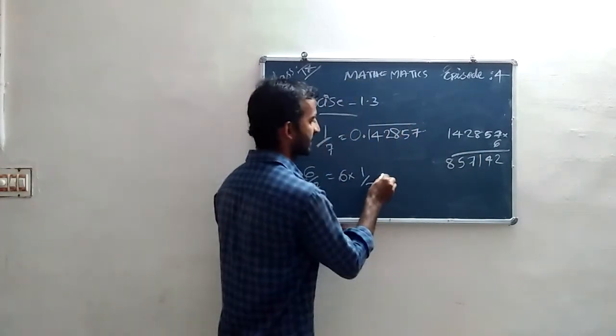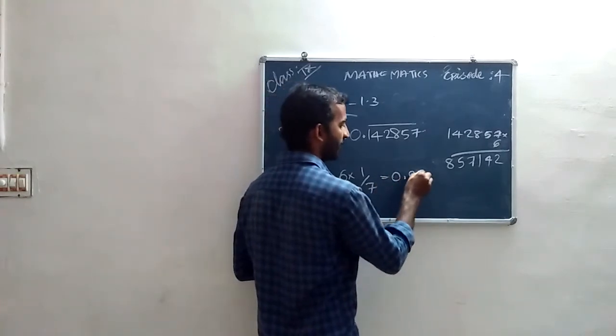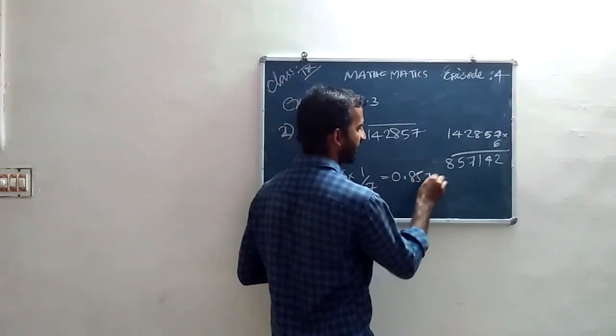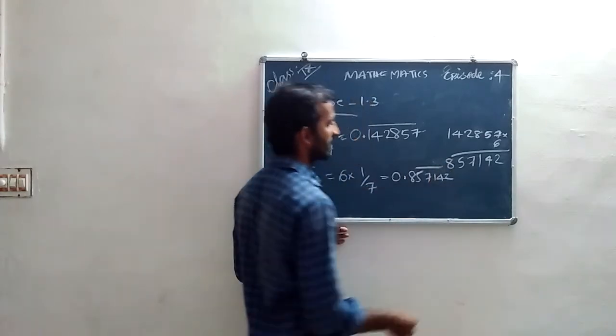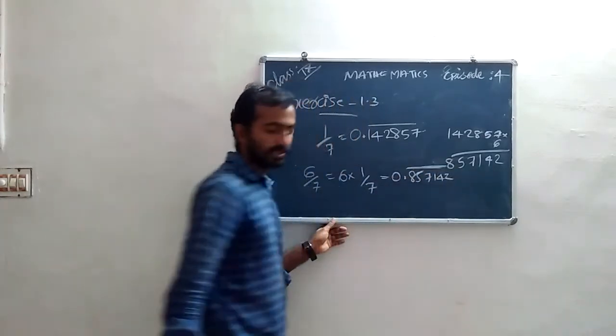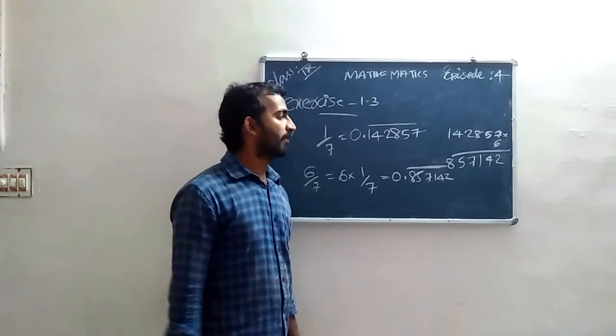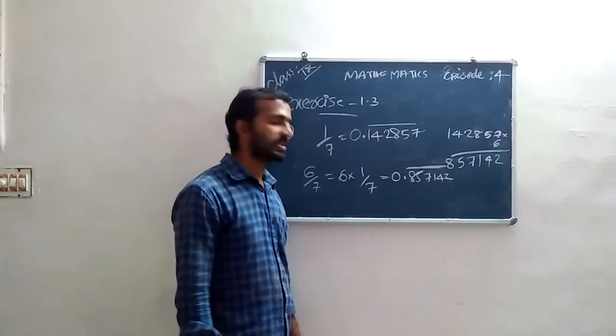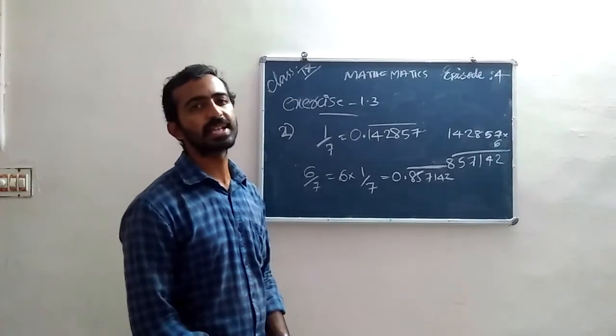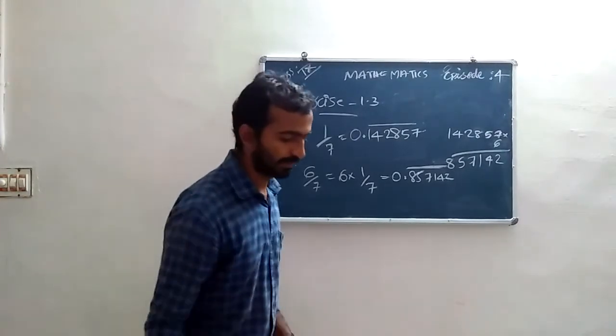The answer is 0.857142. This is the answer for 6 by 7.